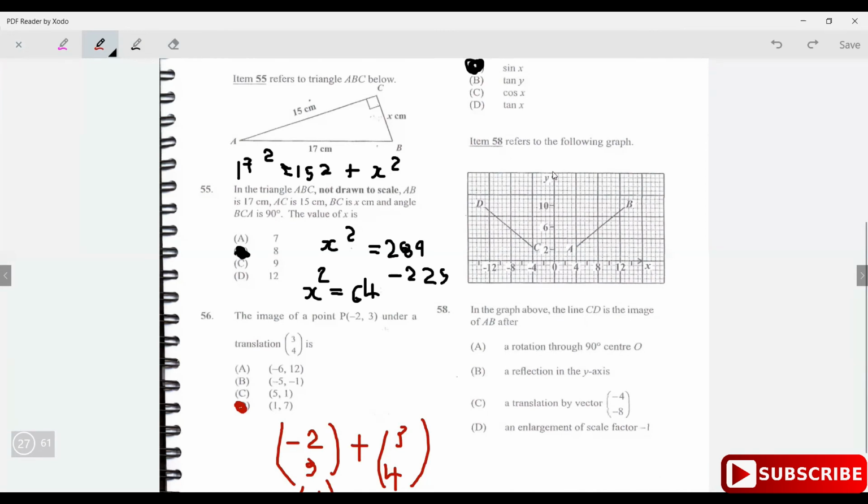As you can see, it's a reflection in this line. So this is definitely a reflection in the y-axis, which is option B. Nice. That's our mirror line. Moving right along.